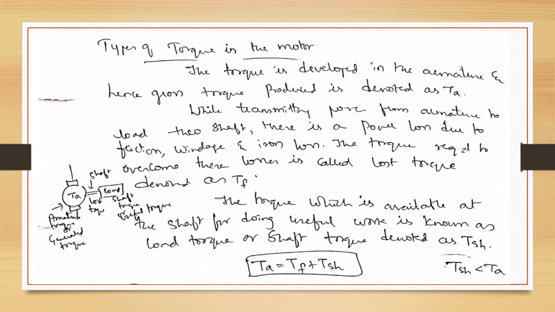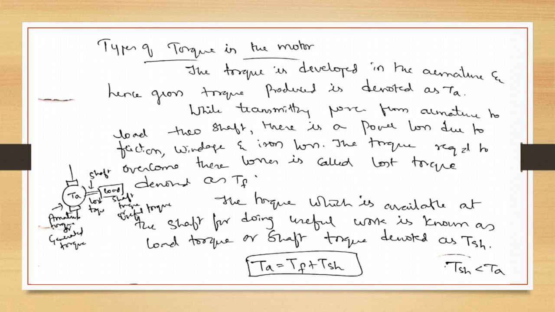One thing I want to tell everyone: input should be equal to output, but it is not so because of the presence of losses, so input is equal to output plus losses. This equation you should know.